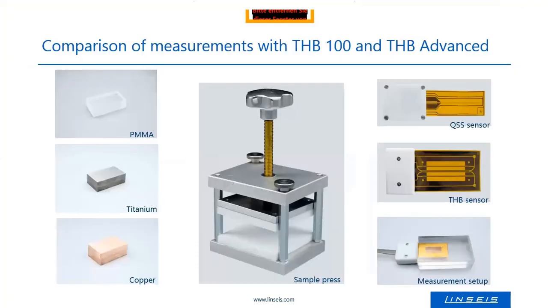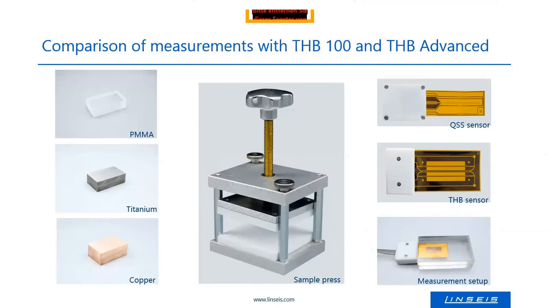Now, at the end of the presentation, I want to show you a comparison of measurements between the older models, especially the THB1, which is widely spread in the community, and the new THB Advanced.